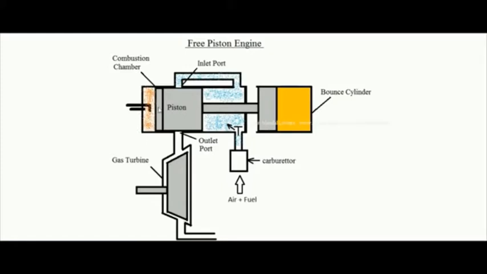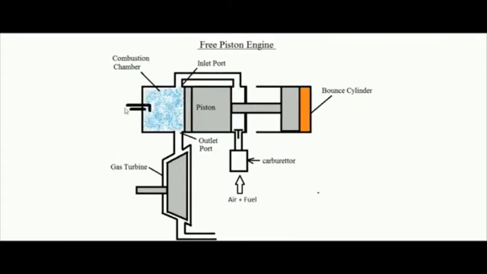So whatever charge is contained in this left hand side cylinder, the combustion chamber, will be compressed by this piston. But one more thing will happen. Since this piston is moving toward the left hand side, at the same time it is creating a vacuum behind.